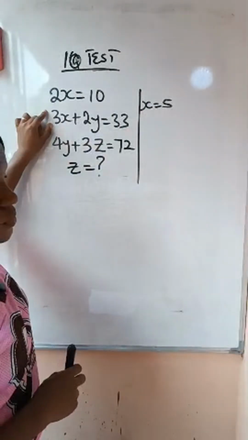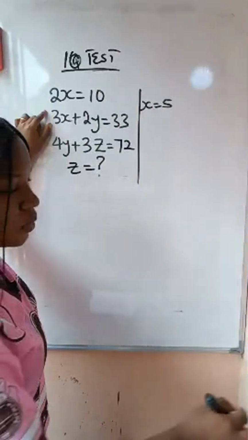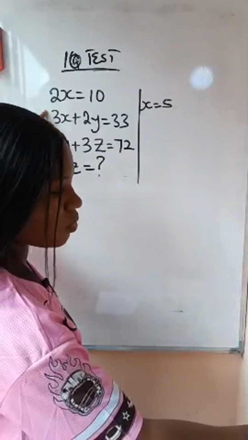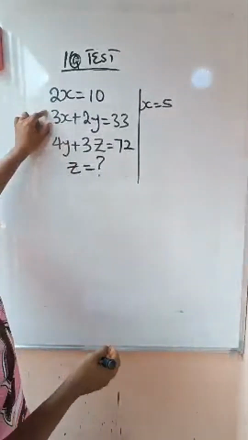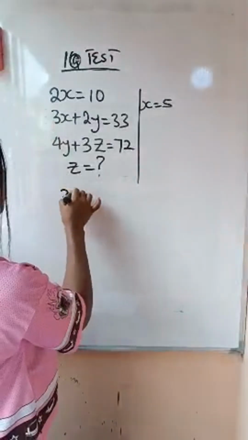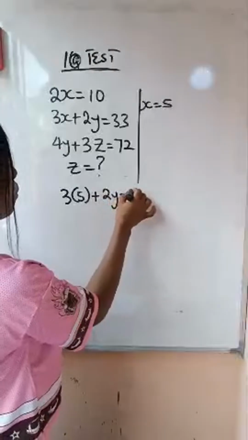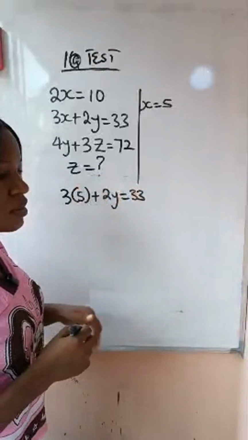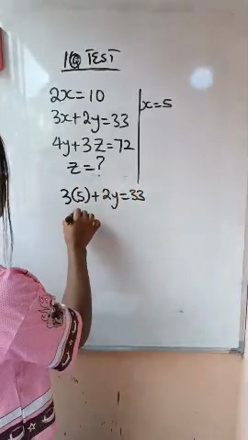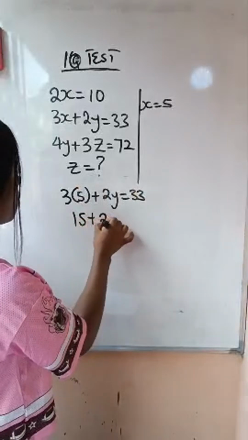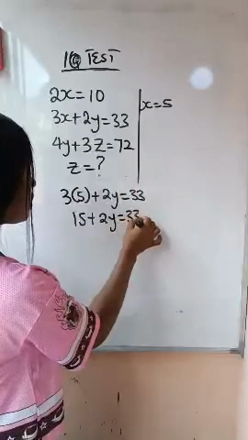When we substitute that into the second equation, we are going to have 3 multiplied by 5 plus 2y is equal to 33. Now 3 multiplied by 5 will give us 15 plus 2y is equal to 33.